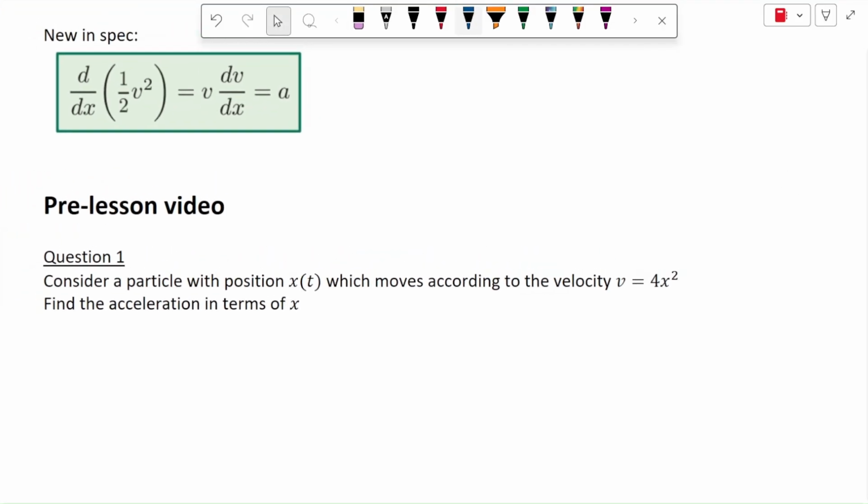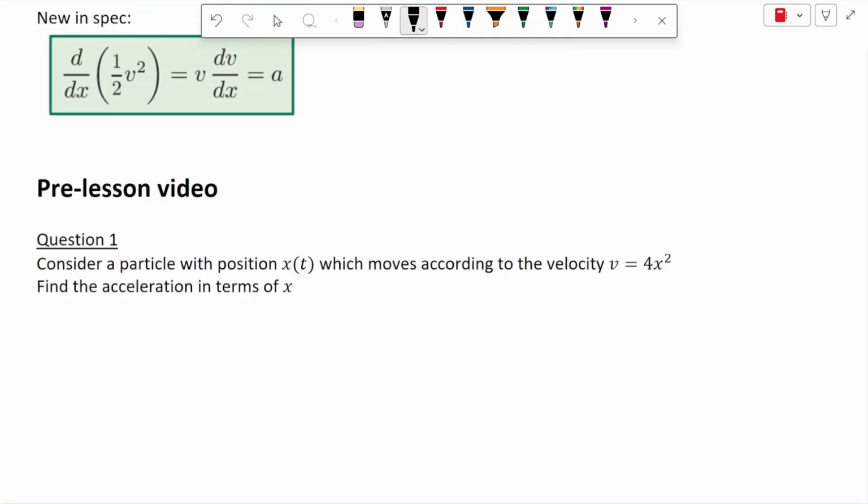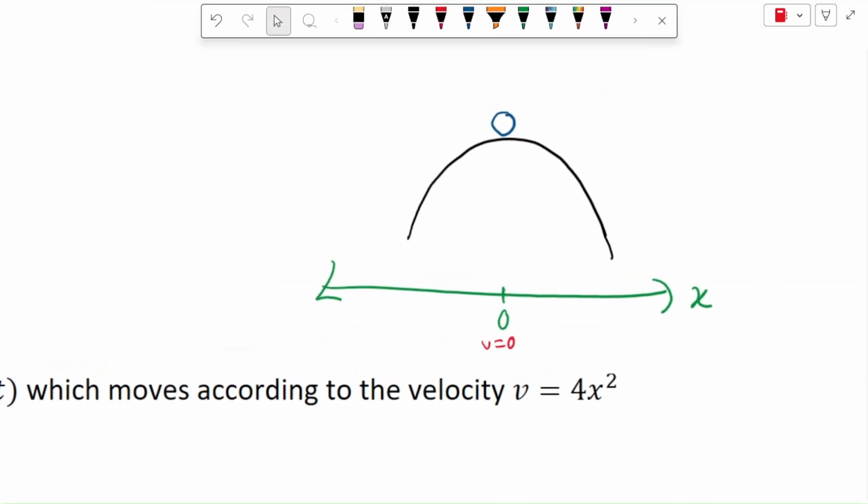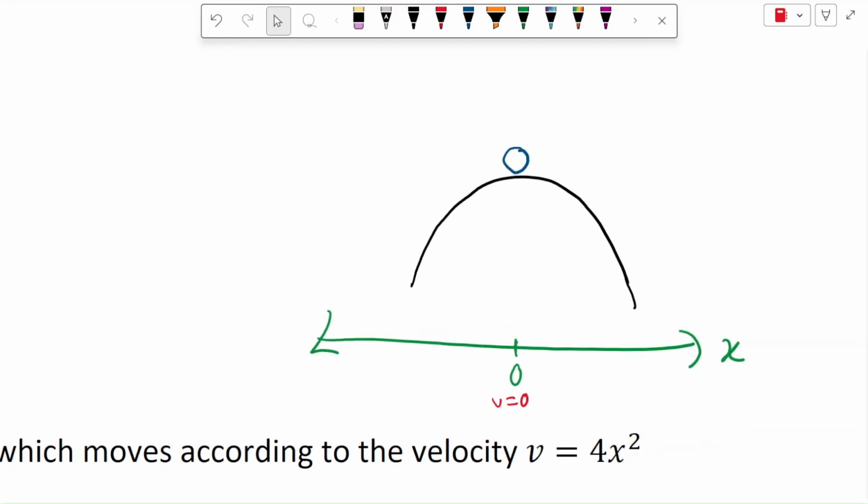Now, for example, with this first example, you can imagine this as being a ball sitting on top of a hill, and it may roll left or right. So the x position, if x is 0, then the velocity would be 0 at that point, because the ball would be sitting on top of the hill and not really rolling, if it was perfectly balanced.